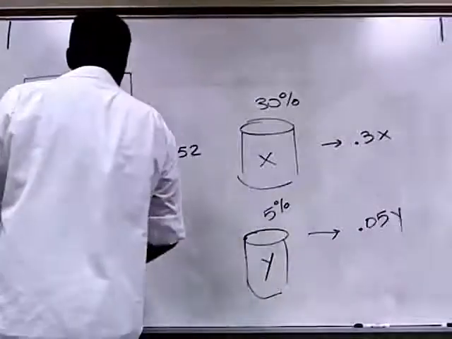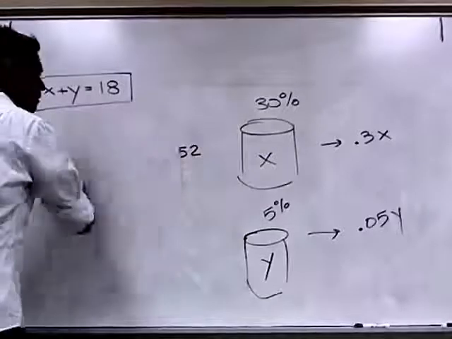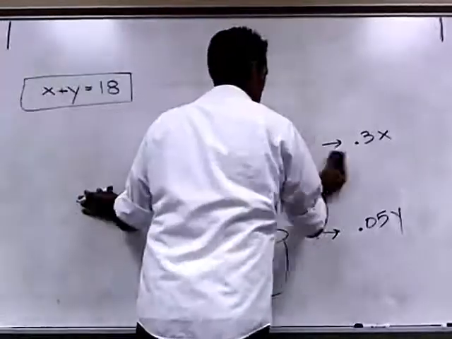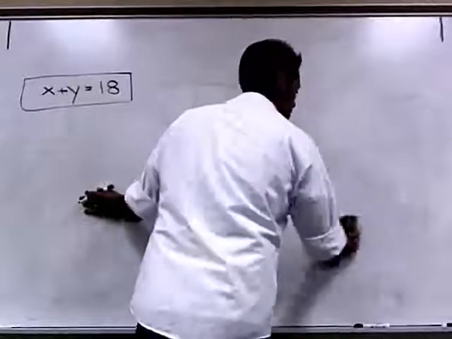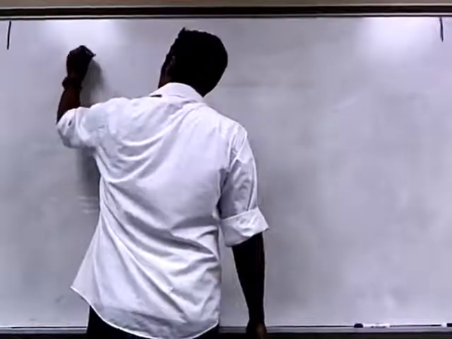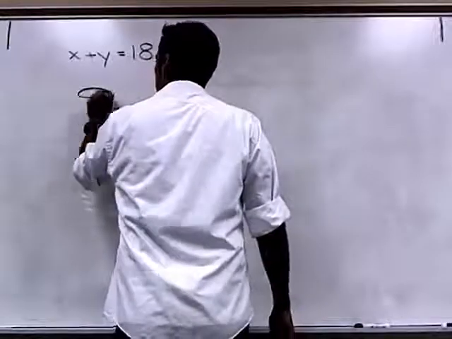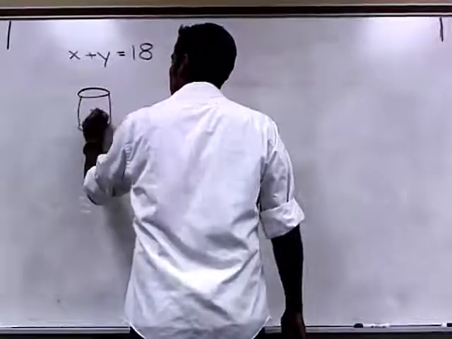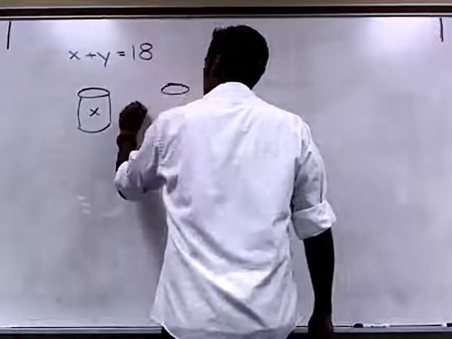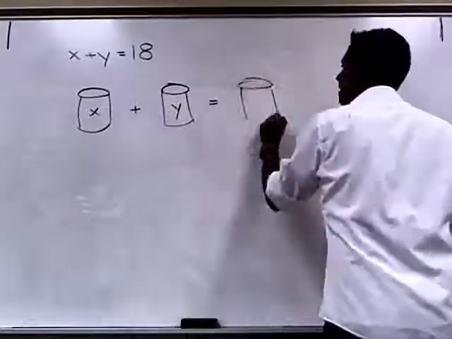I'll try and do it with a different sort of picture. The equation x plus y equals 18 came from the fact that we were going to pour in x gallons plus y gallons, and that at the end had to equal 18 gallons.